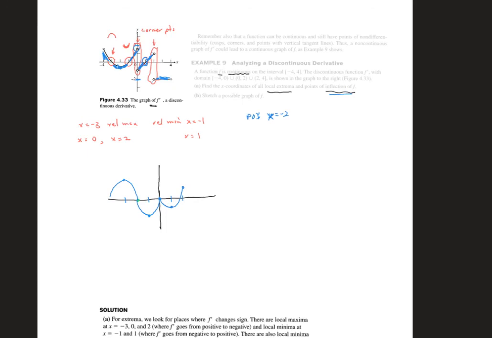I don't really have markings there, but maybe I'll put some in. So I'm going to call that 1, 2, 3, 4. If we're going to go a slope of negative 2, then I'm going to go down 2 over 1 and make that a straight line, something like that.